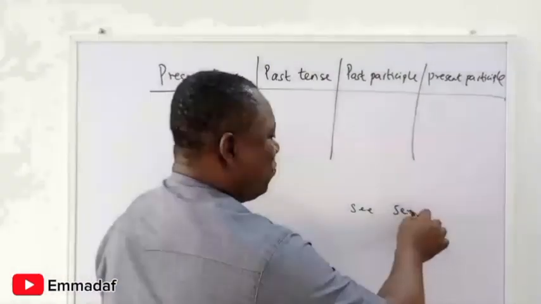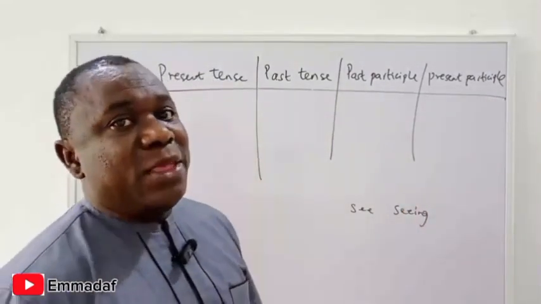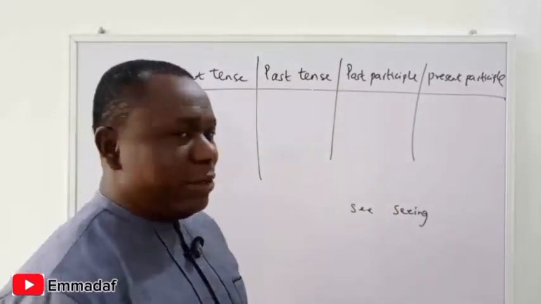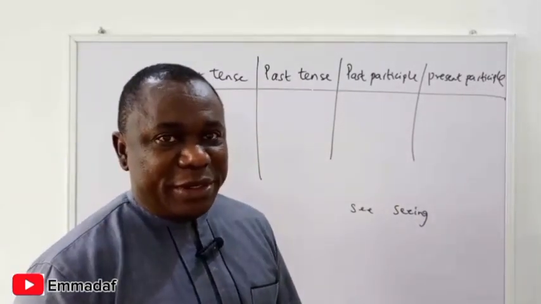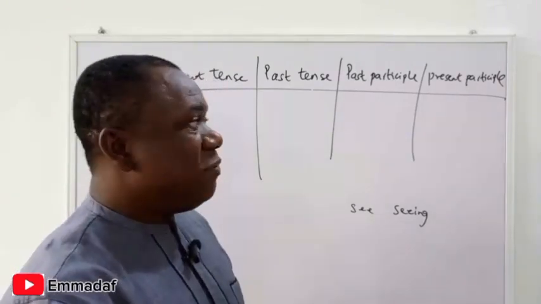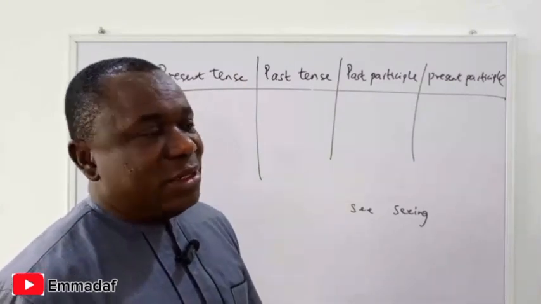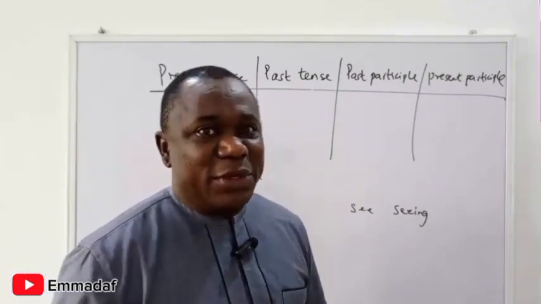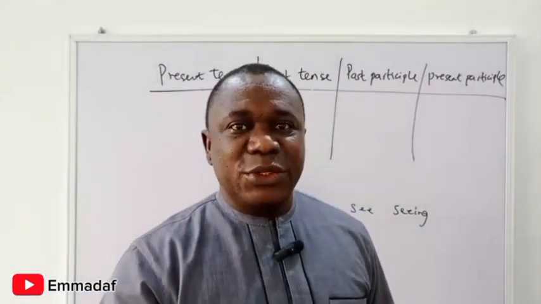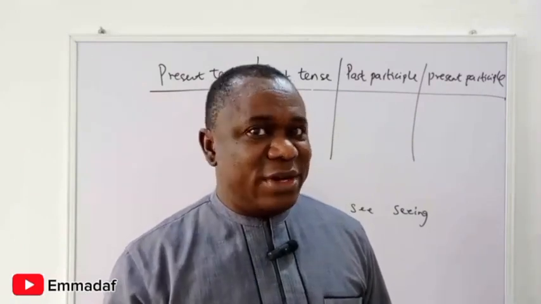That form of the verb that ends in ing is the present participle. You have a verb like go, going, went, gone. The form of the verb that ends in ing is the present participle of the verb. See, seeing, look, looking, do, doing, buy, buying, write, writing.